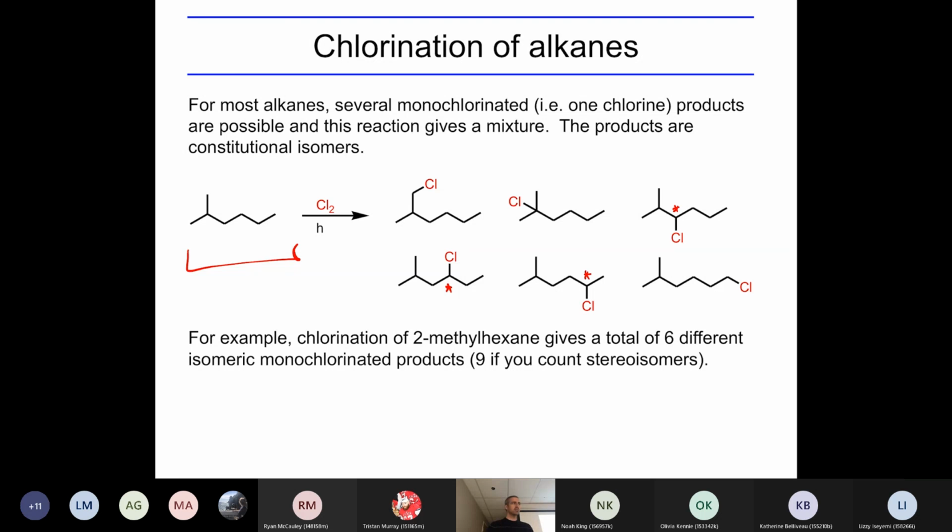There's a total of 9 products that you could get from this particular reaction, 9 if you count stereoisomers. So synthetically, this is not really a good reaction because we like reactions that give you one product. We don't like getting a whole mix of 9 or more different things in here. So synthetically, this is most useful when there's only one alkane product possible, like the cases we've seen before.